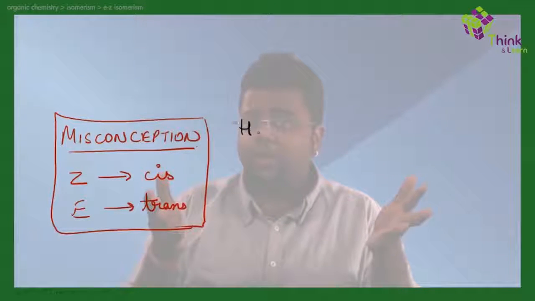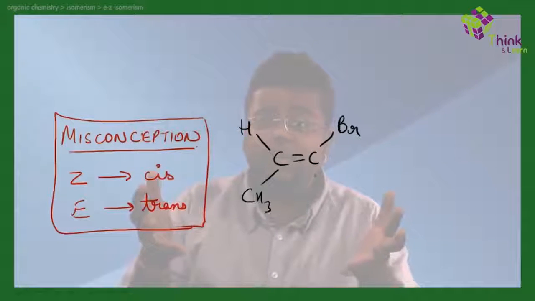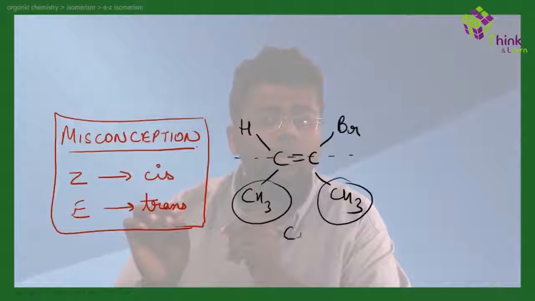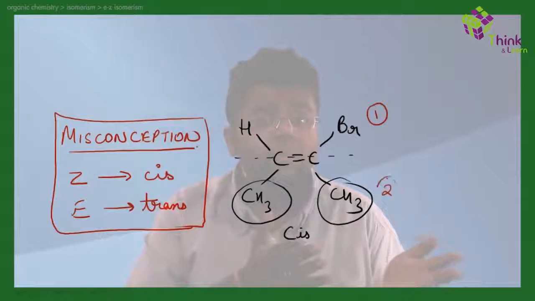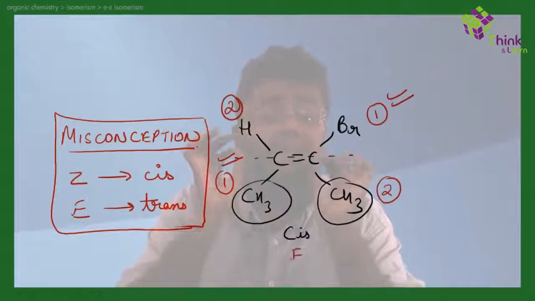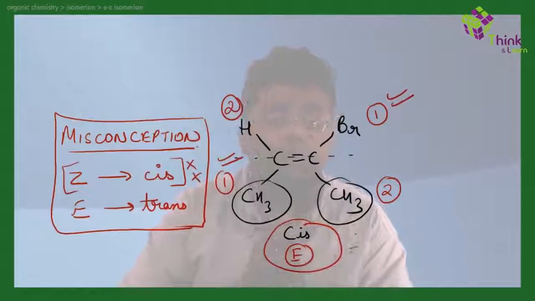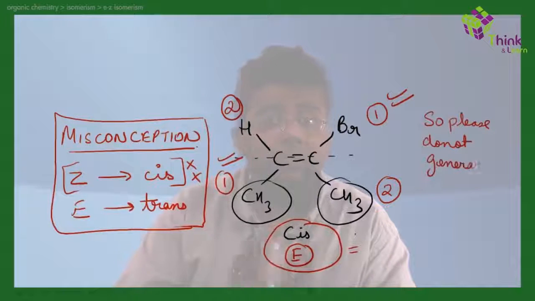I have an example like this. If I check the horizontal plane and assign, what do I get? I get a cis product. But if I assign the priorities, this comes out to be E. So please don't generalize by saying that E would be equivalent to trans and cis would be equivalent to Z.